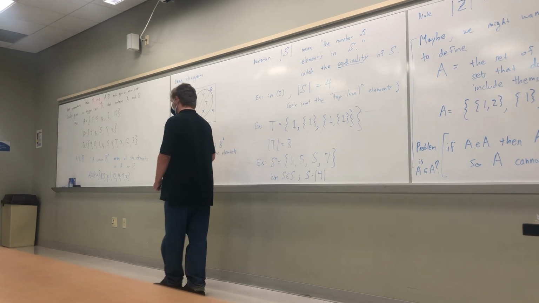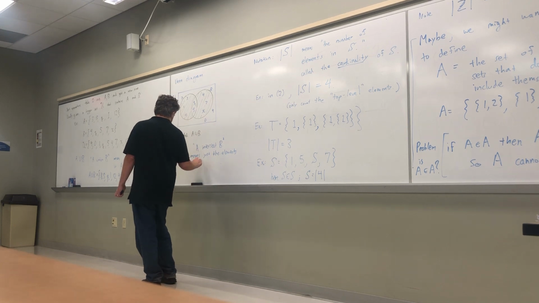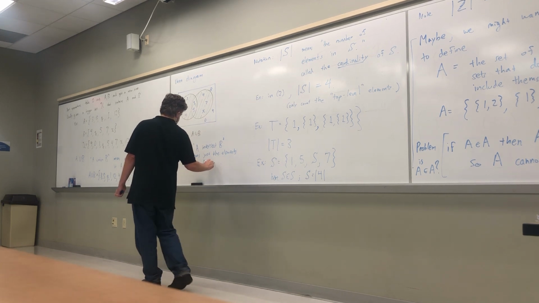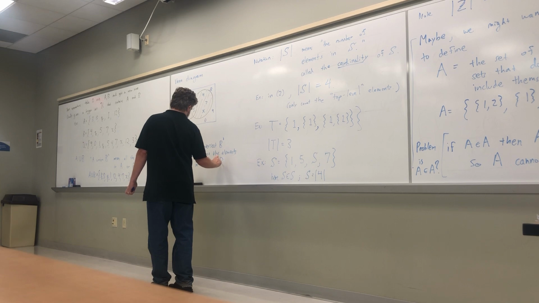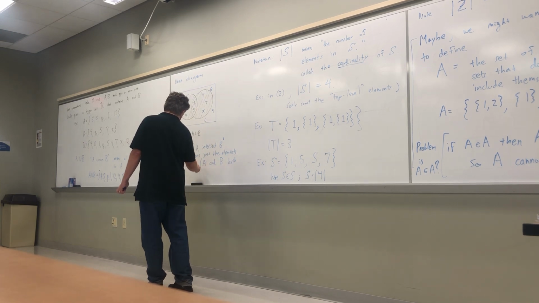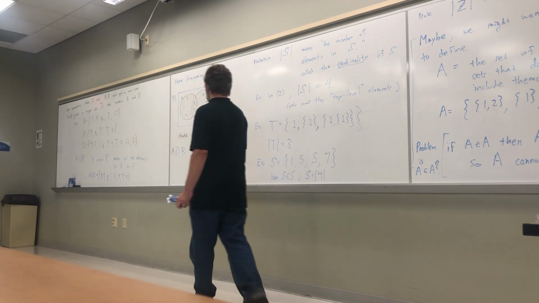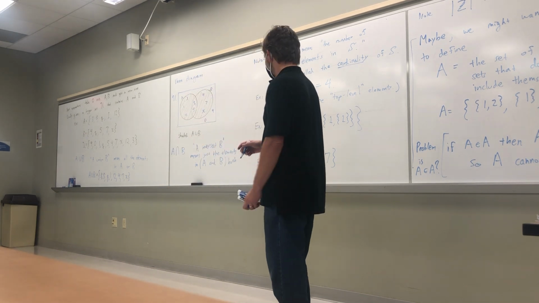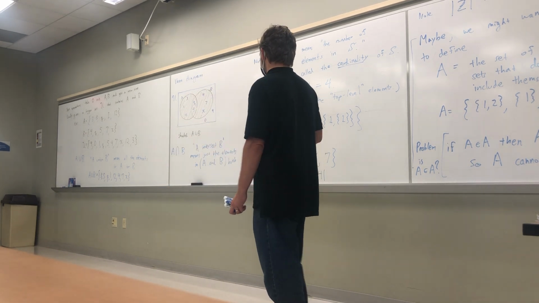You can use the word and for it. So it's the elements that are in A and in B.